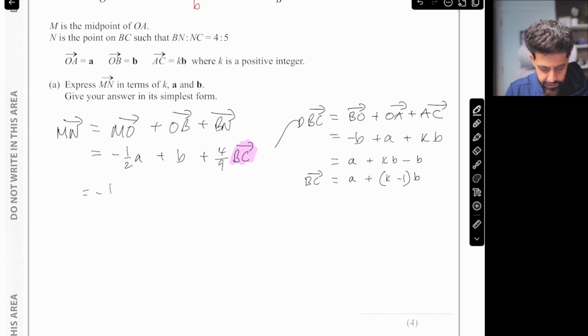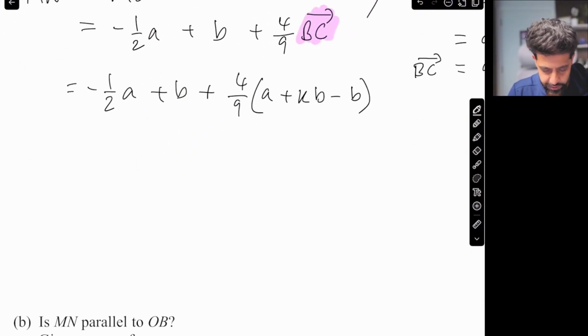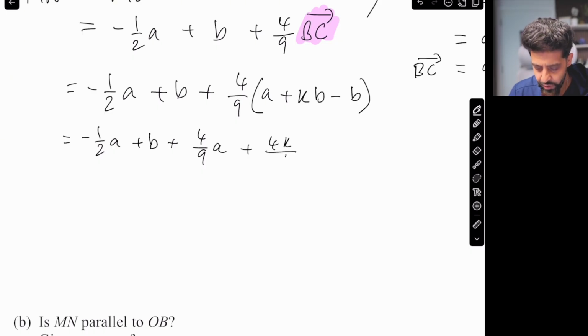Okay, so minus a half (A plus B) plus, let's use that version, 4/9 of (A plus kB minus B). And now we need to expand that out. So we've got minus a half A plus B plus 4/9 A plus 4k/9 B, so it's just this multiplied by that to give me that, and then minus 4/9 B. Now, can you see you've got B here?